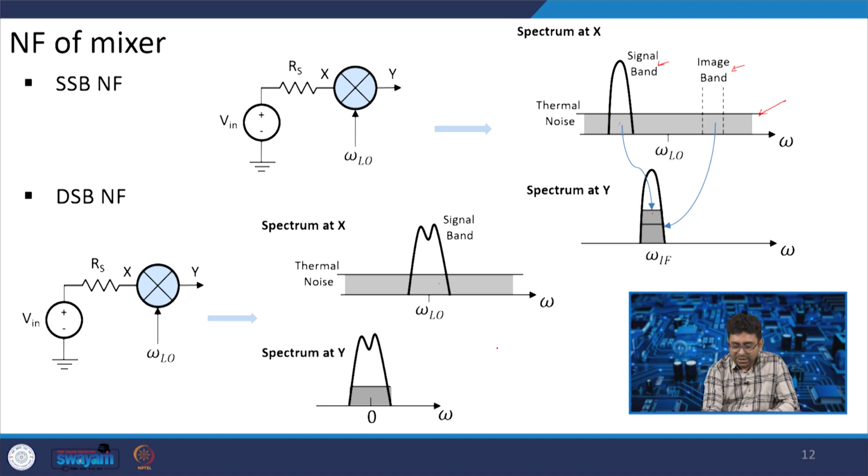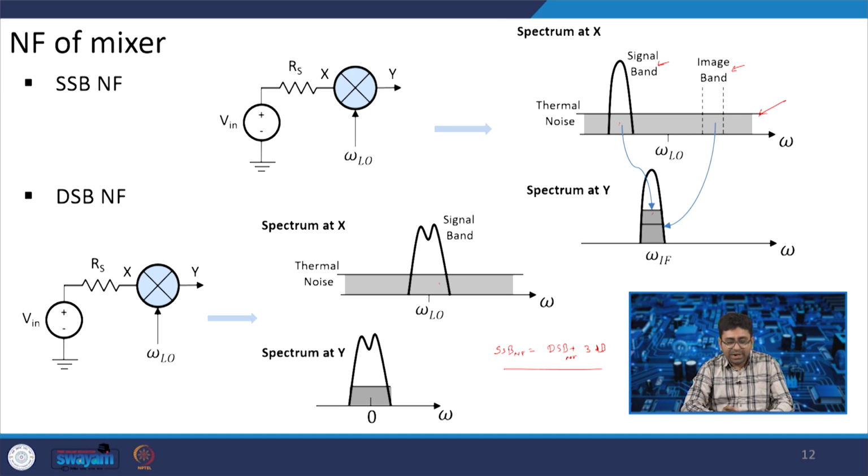So, your single sideband noise figure is twice, that is 3 dB more, than the double sideband noise figure. So, based on whether you are using single sideband or double sideband, you should consider the corresponding noise figure.